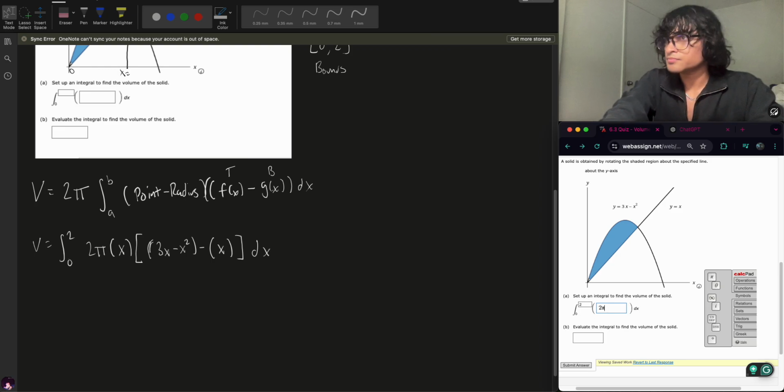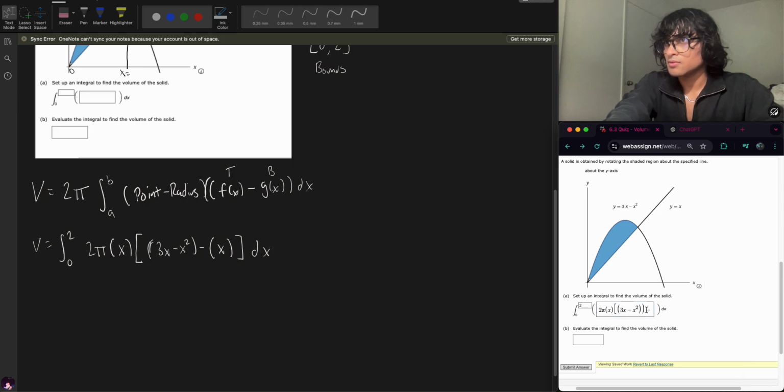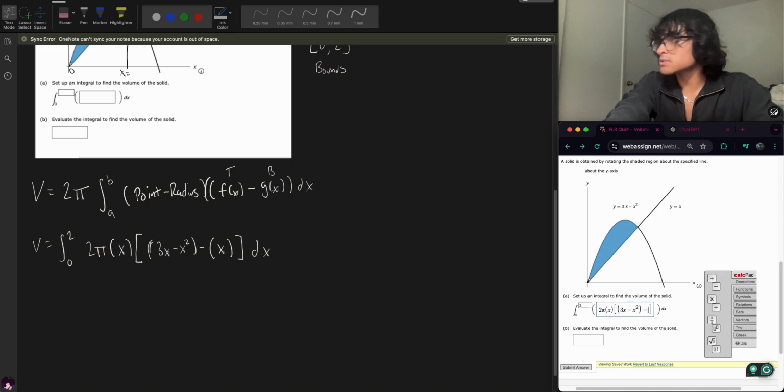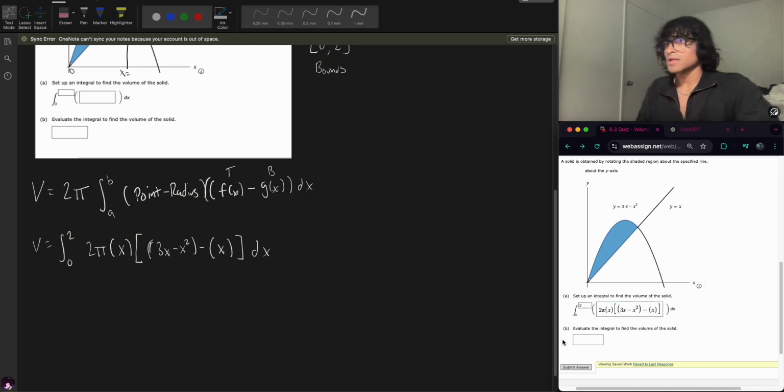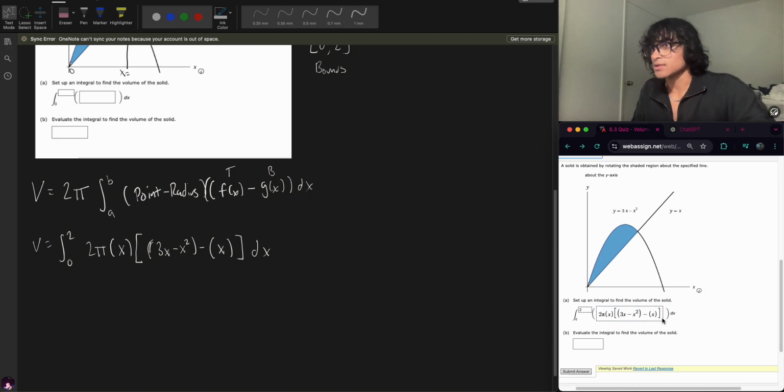So x, and then this would be 3x minus x squared minus x. So that should be our integral that we set up.